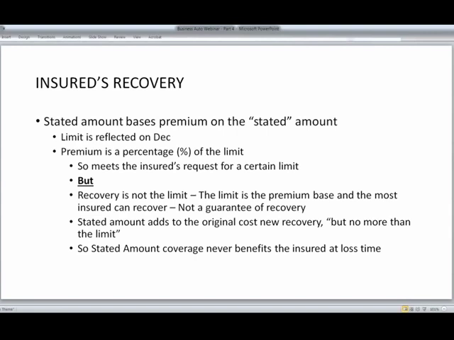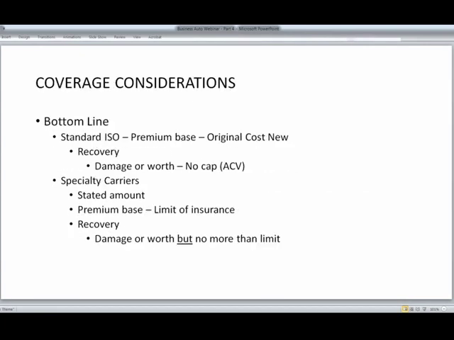But in stated amount, you adjust it exactly the same and determine the damage exactly the same, but now you pay either the damage or the limit, whichever is less. So stated amount never benefits the insured at loss time. It might be required by the carrier, it might be easier to understand, it might be what the insured chooses, but it does not benefit them at loss time.